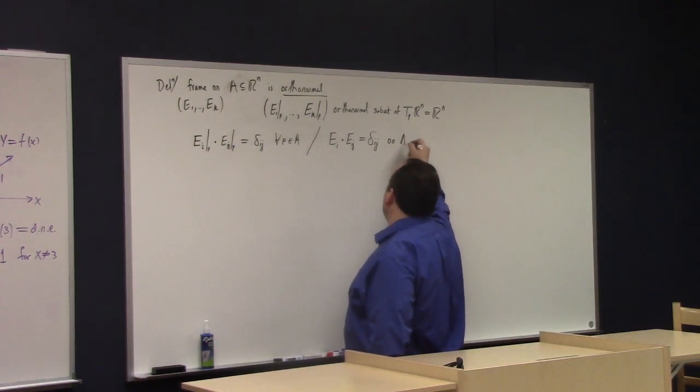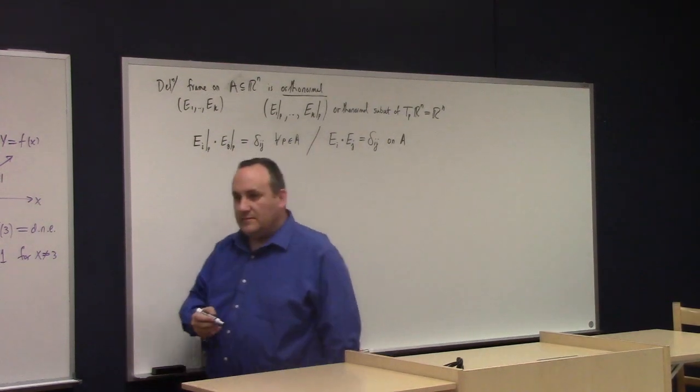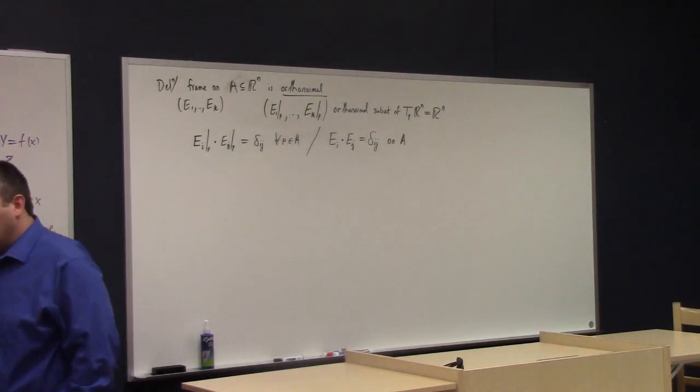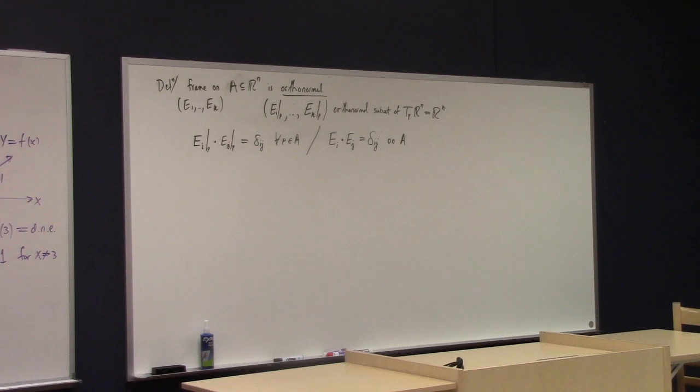Now, John Lee doesn't say these things, but I think you could say these things reasonably. An orthonormal frame of Rn has this. Now, you understand how I'm defining the dot product.